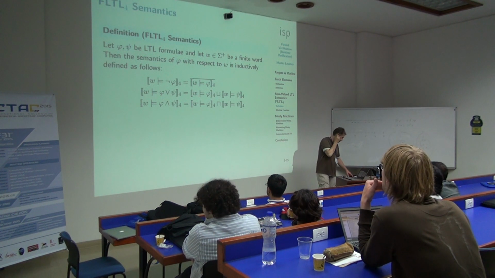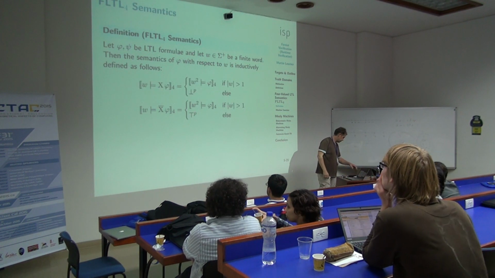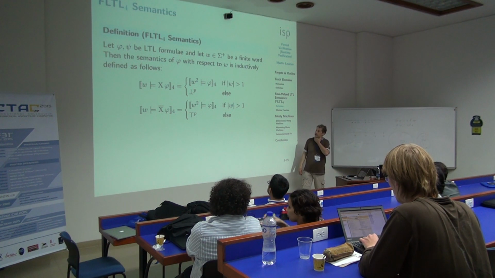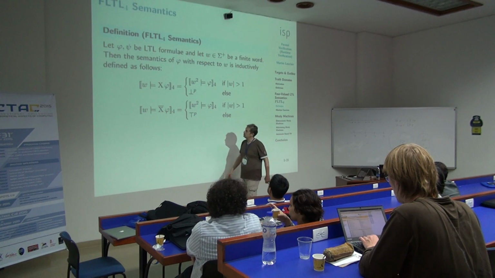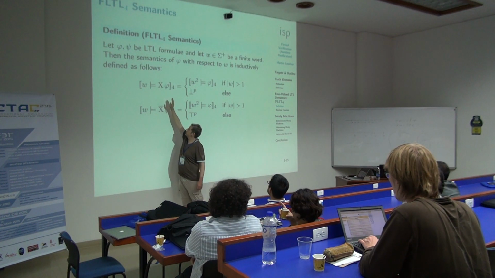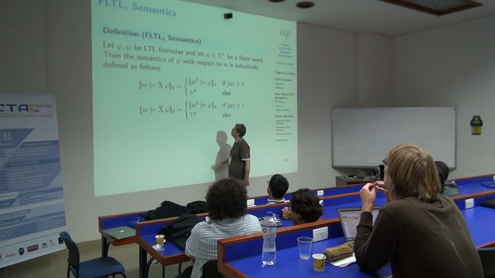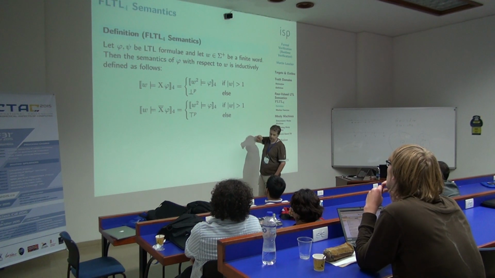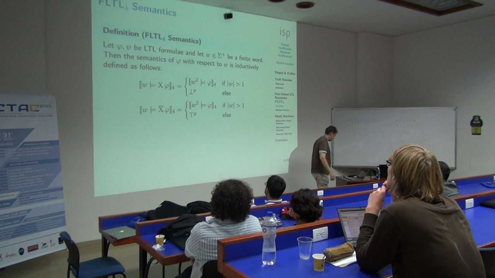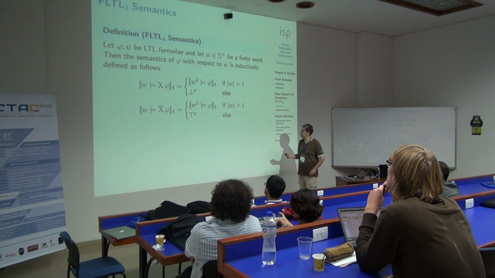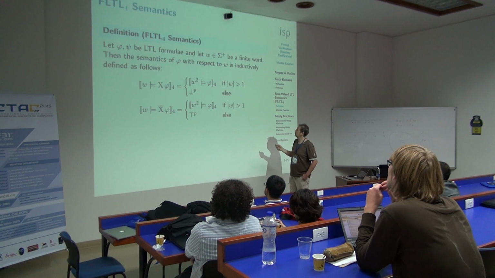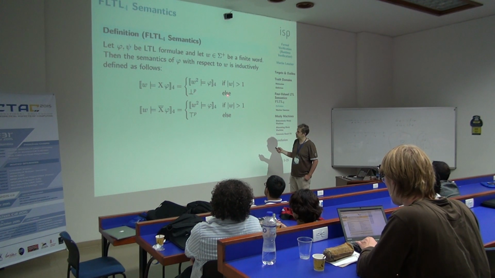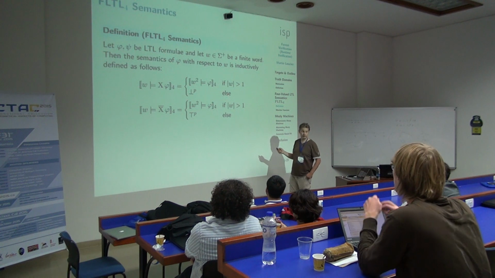The only difference now is for LTLF, for the next operators. So what will we do in the two-valued setting for next phi and W? Well, we check whether the length of W is greater than 1, then we check phi on the remaining part of the word. And here we go if the word just consists of one letter.